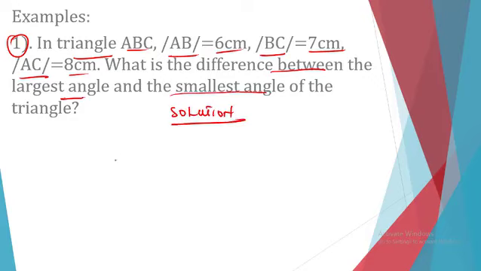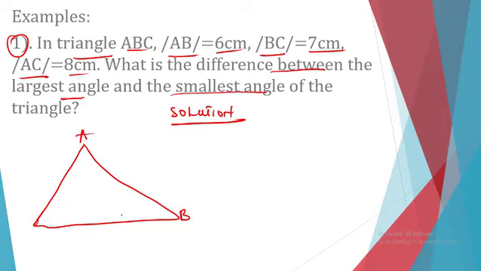The first thing we need to do is to draw this triangle. By drawing this triangle, we have something like this, and we have A, B, and C. This is a small letter a, this is a small letter b, and this is a small letter c.